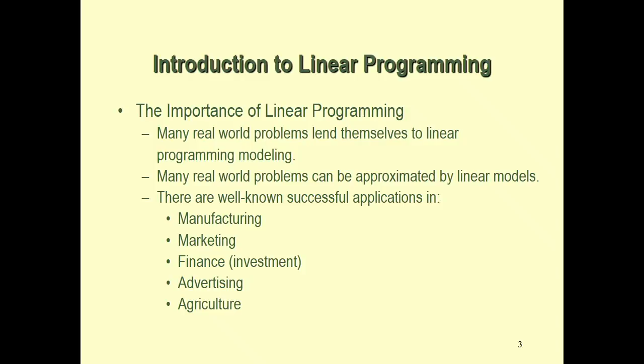So that's an important word, approximated, because it's not exact, right? It's never exact, but it can be approximated and it can inform us and give us some knowledge where we had no knowledge. And there's a lot of well-known successful applications, like manufacturing, the product mix model, which is the corn and barley problem we did, which was kind of a product mix problem.